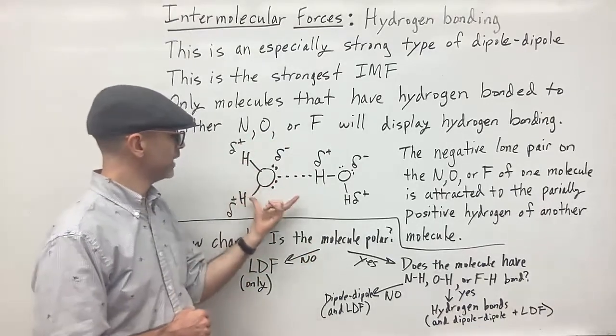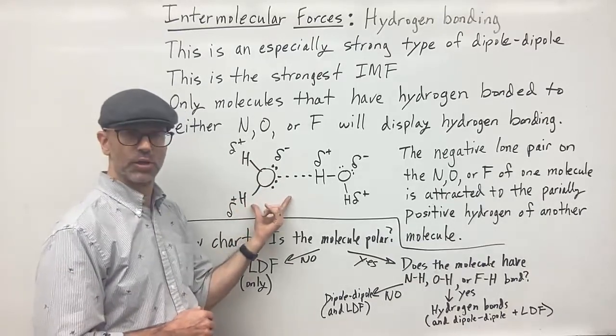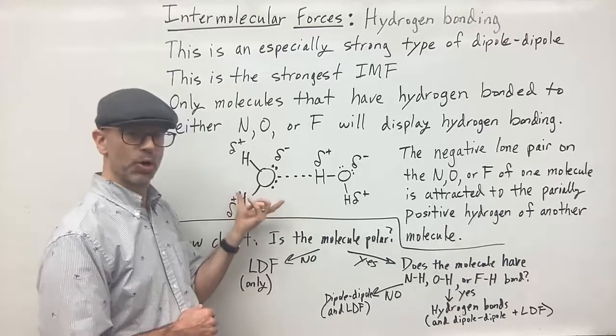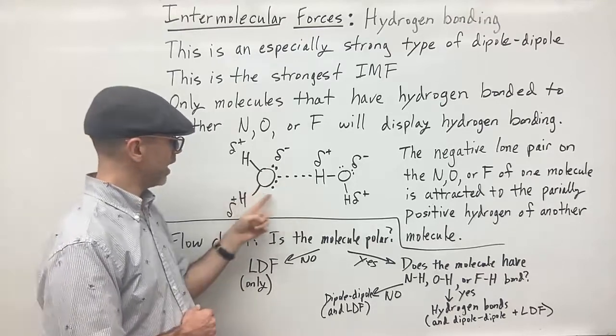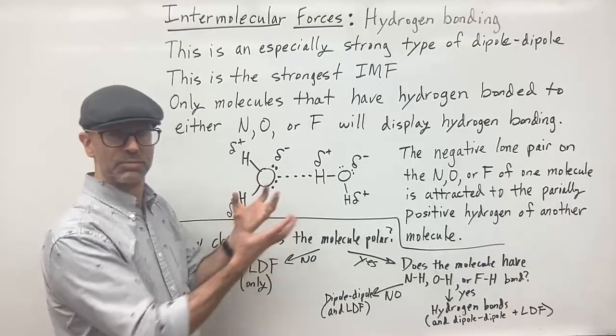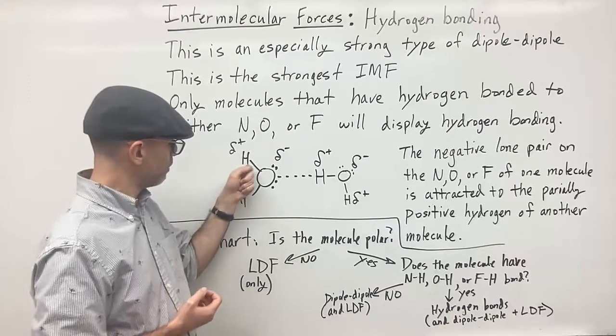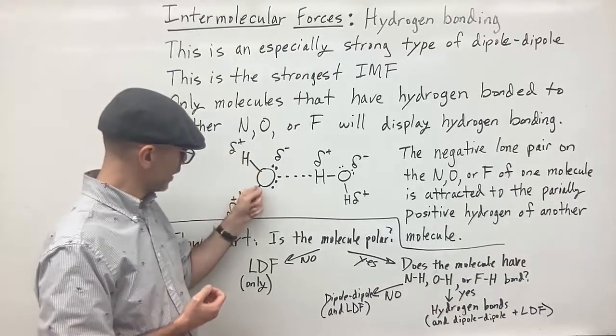So remember what we said about dipole-dipole. Water is a polar molecule, and so it has a permanent dipole. The negative side is your oxygen. The oxygen is more electronegative, so it's pulling the electron density towards it from the bonds, from the hydrogen.